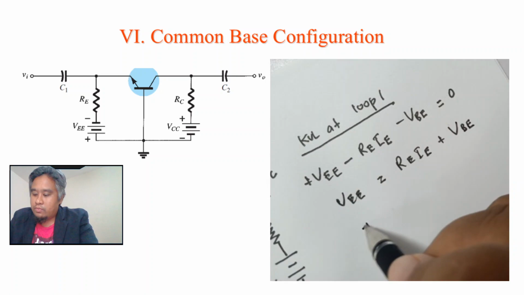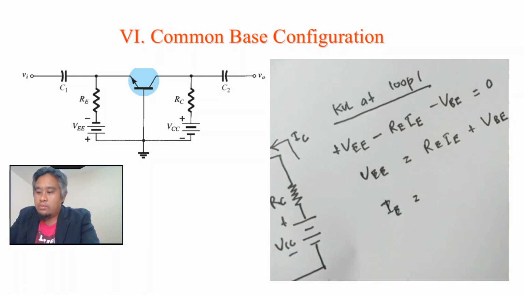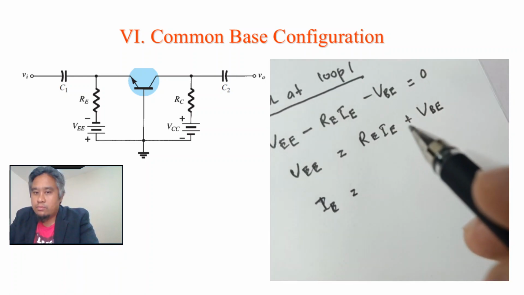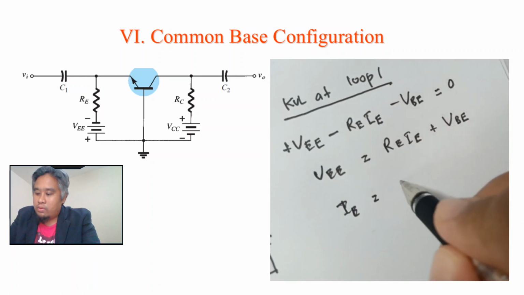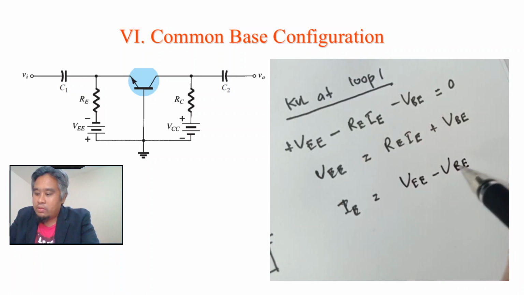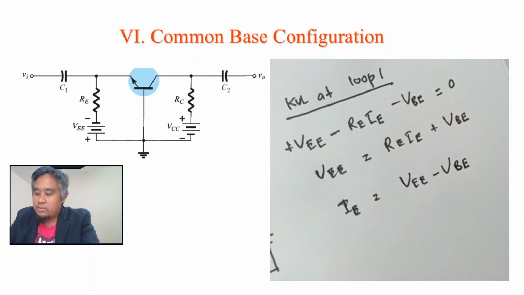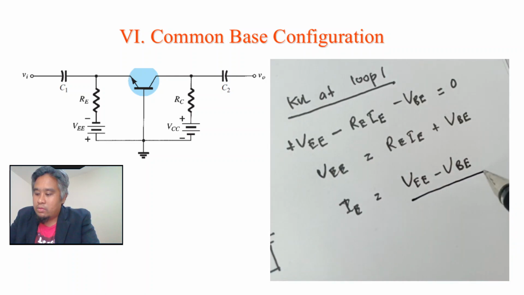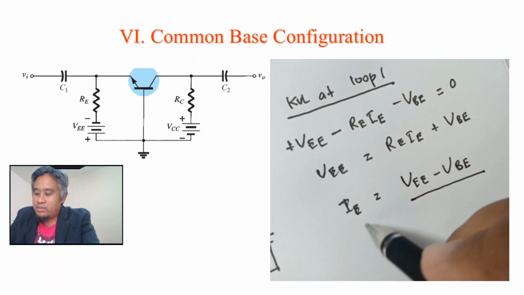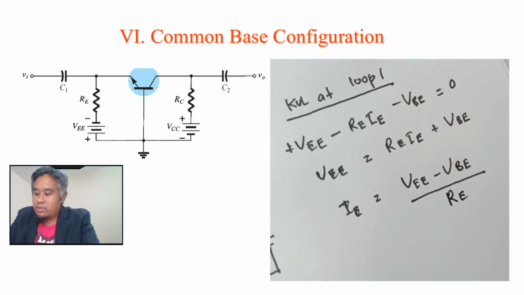Then we simplify the circuit for IE: IE equals VE minus VBE. Moving VBE to the left side it becomes minus, so VE minus VBE, and RE moves to the denominator.